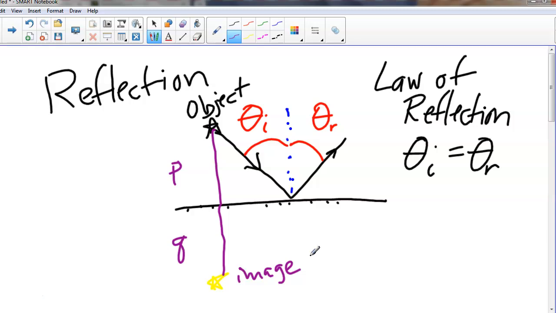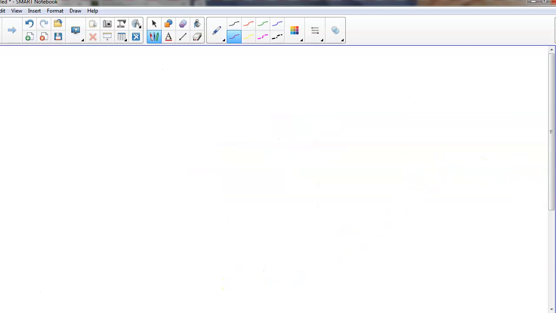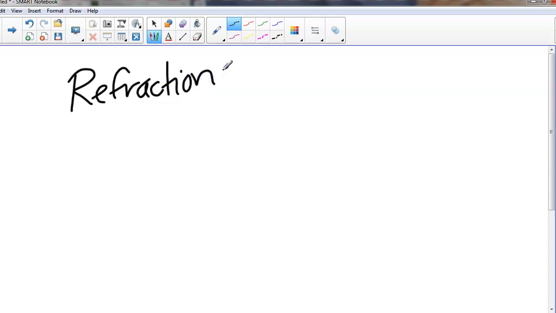We are actually now going to move on to refraction. So refraction, and we're going to be looking at the law of refraction just like we looked at the law of reflection. Refraction is when light is bent as it passes from one medium to another medium.